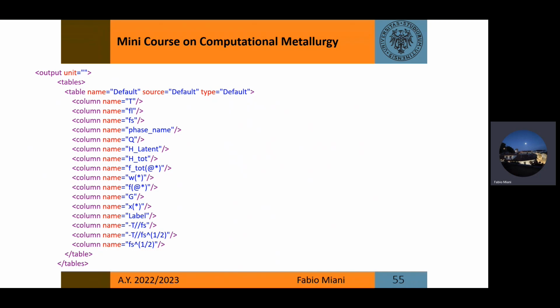And then here are the columns of our tables with the specific operation. I was not very efficient in producing the column names, but we have added those values: the derivative of temperature with the solid fraction, the derivative of temperature with the square root of the solid fraction, all with the minus sign, and then another column name, which we have used already for the x-axis, which is fs raised to the 1/2 power.